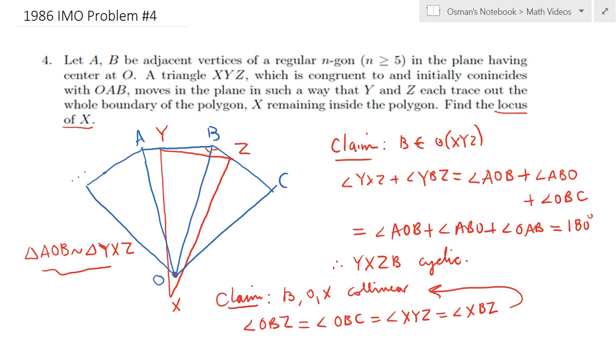So therefore, we have simply proved that the locus of X would look like, rather than flower petals like this, that's not the way it will look. It will rather look like this. So you will start at point O, we will go back and forth, and then every 360 over n degrees we will keep doing the same thing, back and forth, and so on.